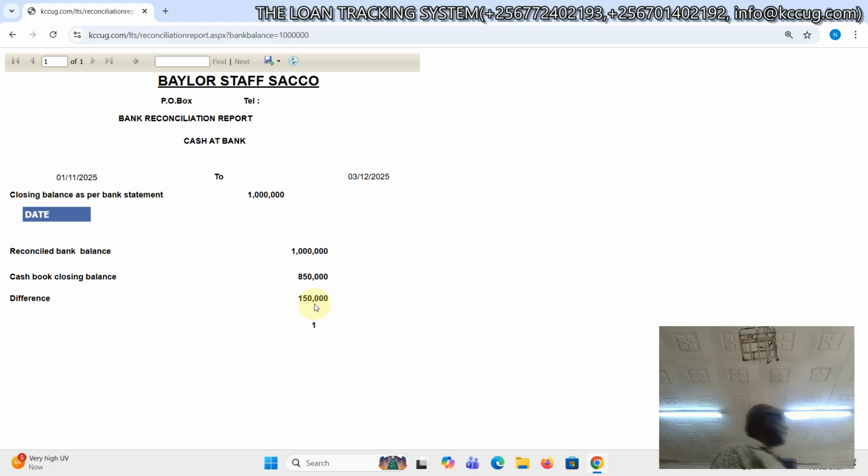Okay? So that is bank reconciliation. We need to do it on a monthly basis. Otherwise, even when an audit is going to be done, the auditor shall ask, do you do bank reconciliation, by the way? Hey, we do it. And you give them the bank reconciliation file.